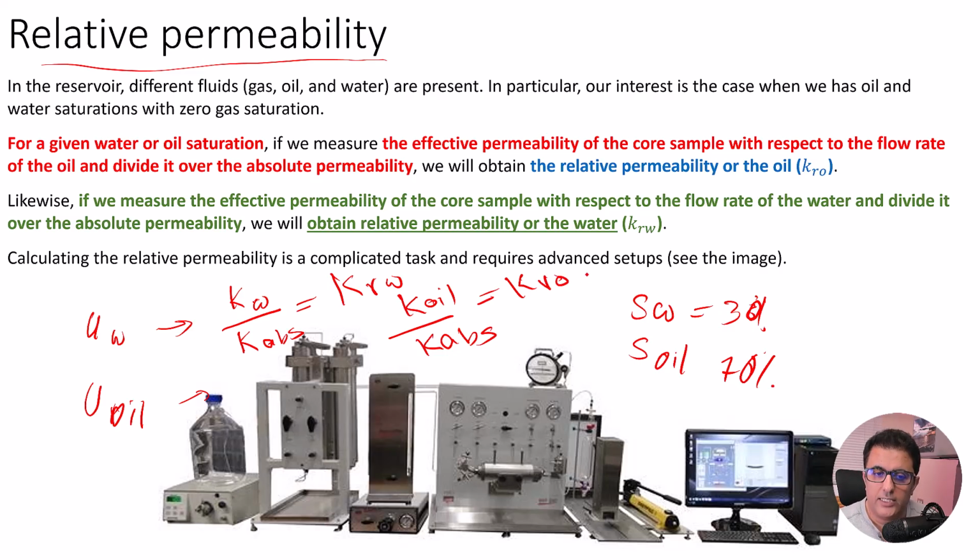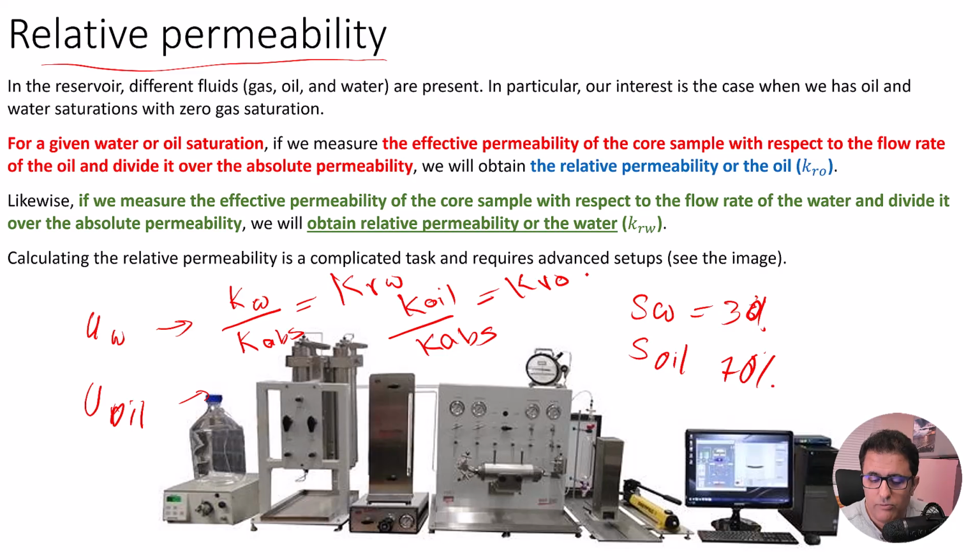Something interesting here: you may notice that the relative permeability is smaller than 1. However, something very important that I should tell you is that relative permeability is indeed a function of fluid saturation.